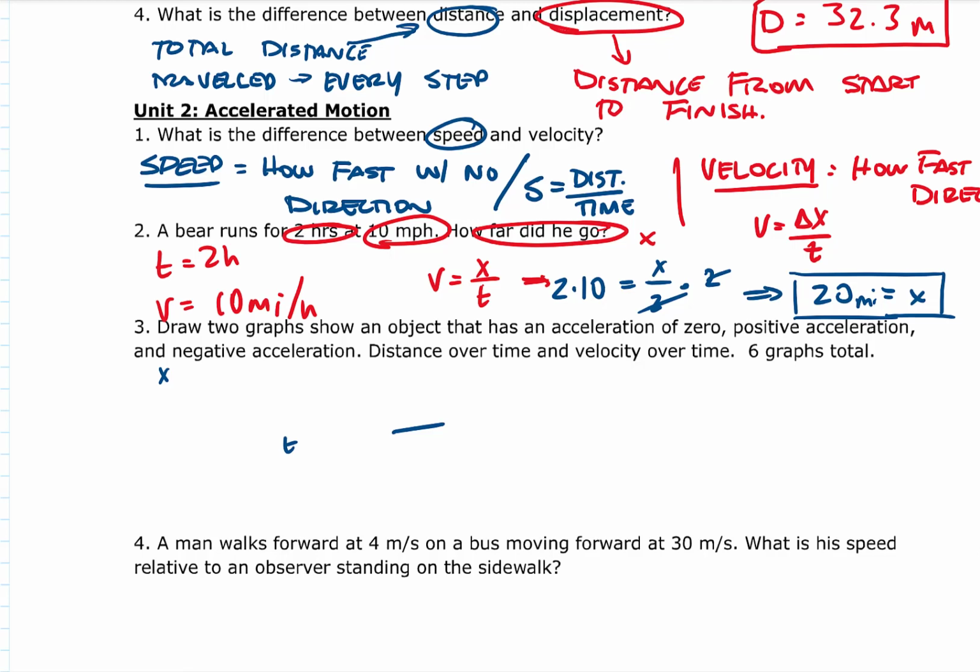We're going to put them all together on the same graph. So position versus time, velocity versus time. So we'll do in red the one that has 0 acceleration.